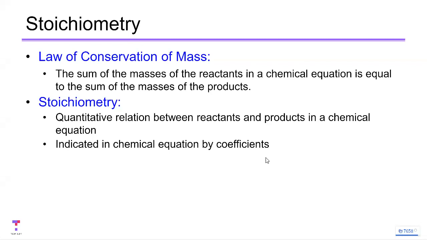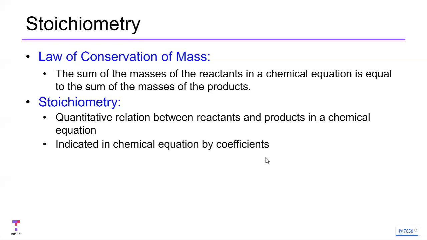How stoichiometry is different than what we did in module 2 is really only in one area: balanced chemical equations. In module 2, we were only concerned with conversions to moles. I take grams and I convert them into moles. I take particles and I convert them into moles.